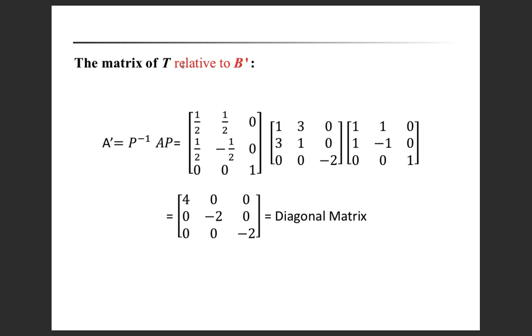So the matrix of T relative to B dash is A dash equal to P inverse A P. P inverse we have calculated, A is 1, 3, 0, 3, 1, 0, 0, 0, minus 2, and P is 1, 1, 0, 1, minus 1, 0, 0, 0, 1. If we multiply these by normal matrix multiplication, we get the resulting matrix 4, 0, 0, 0, minus 2, 0, 0, 0, minus 2. This is nothing but a diagonal matrix.